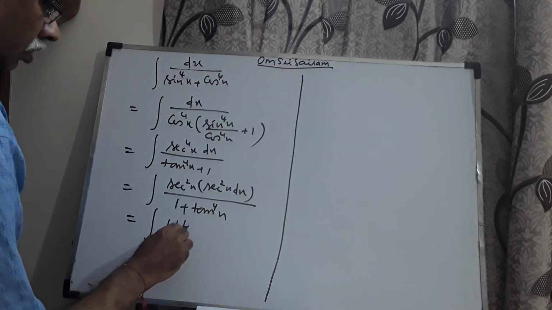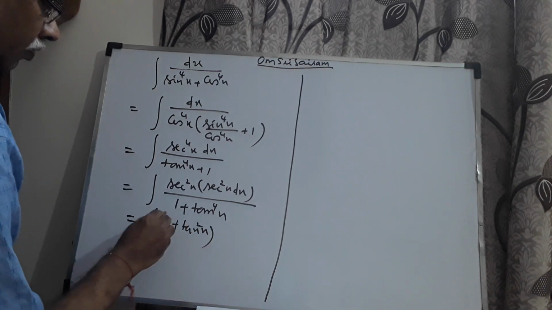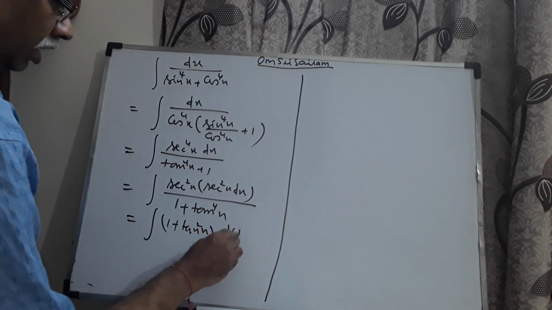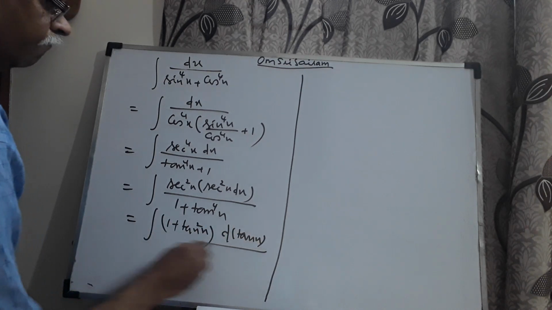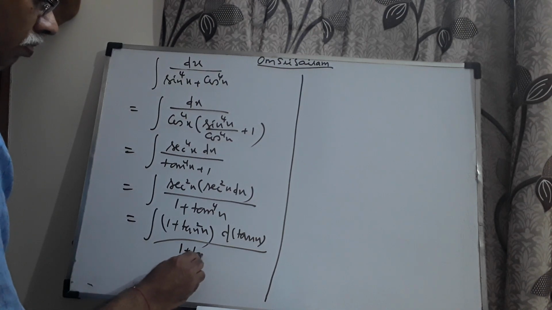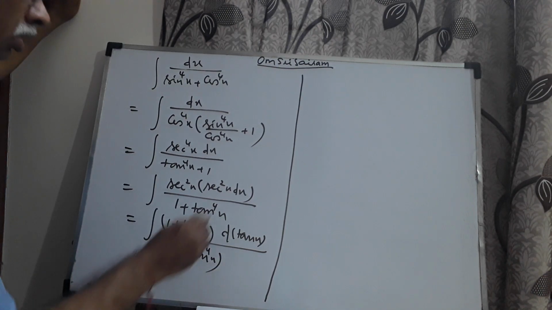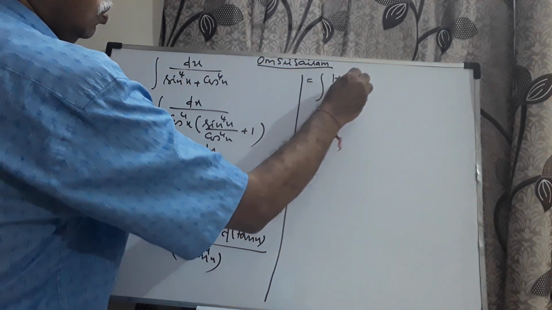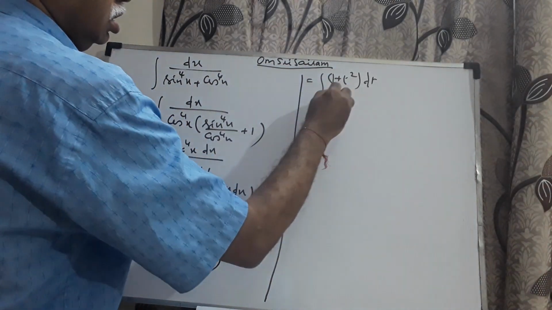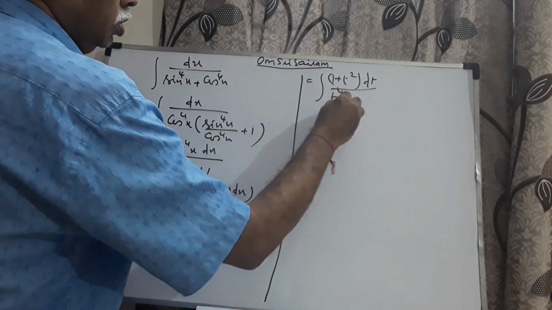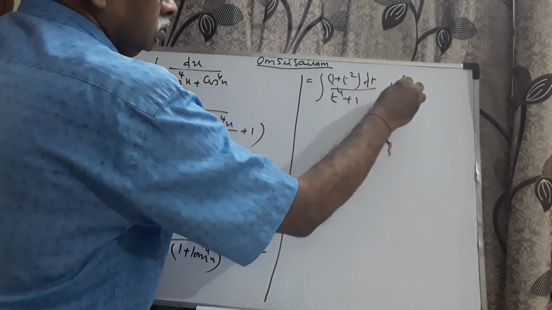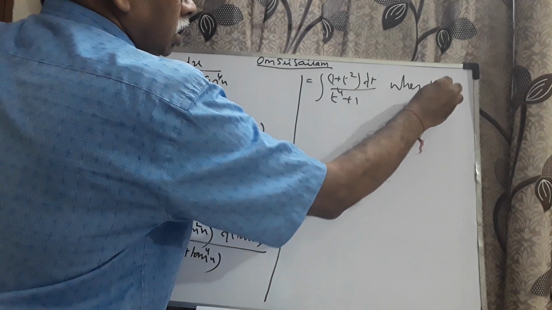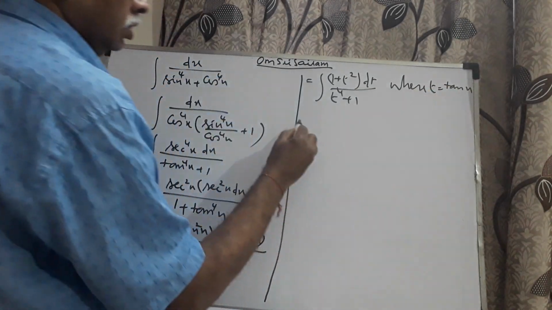This can be written as 1 plus tan square x d of tan x divided by 1 plus tan power 4x. This can be written as integral 1 plus t square dt by t power 4 plus 1, where my t is nothing but tan x.